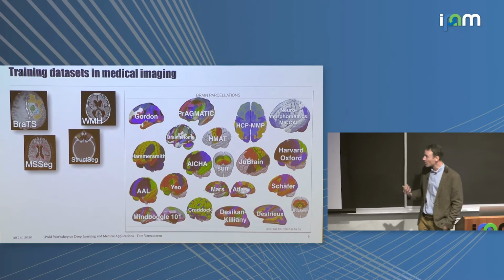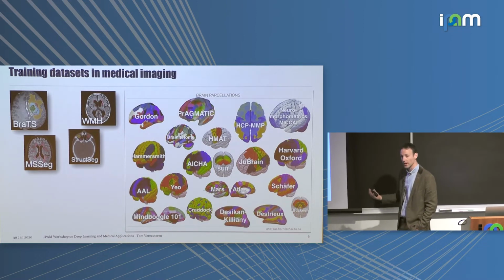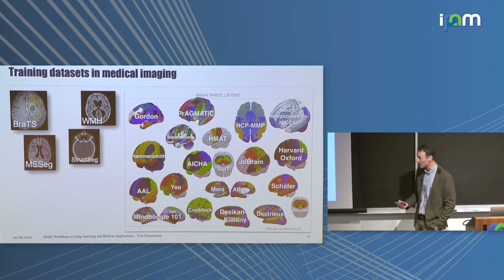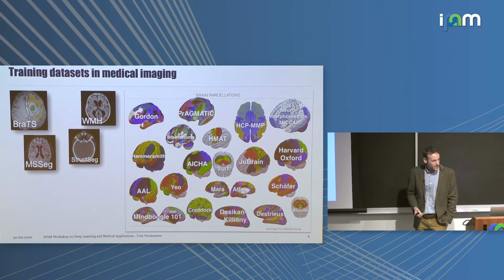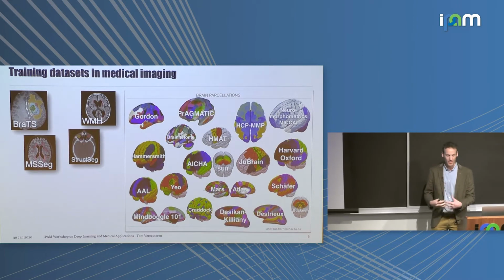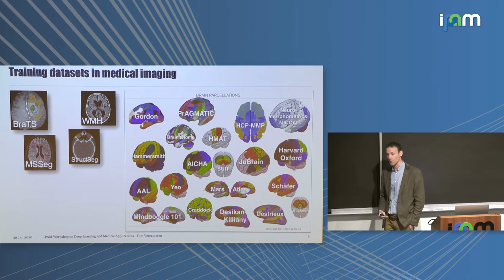We can focus on specific tasks such as brain segmentation, and we might have a decent training data set for that. Same thing for, say, white matter hyperintensities, but these are really task specific, right? They cover only a given task, and they don't necessarily give any additional information in addition to just the segmentation of the lesions in this case.